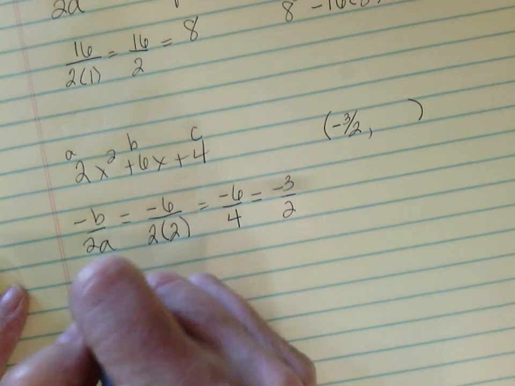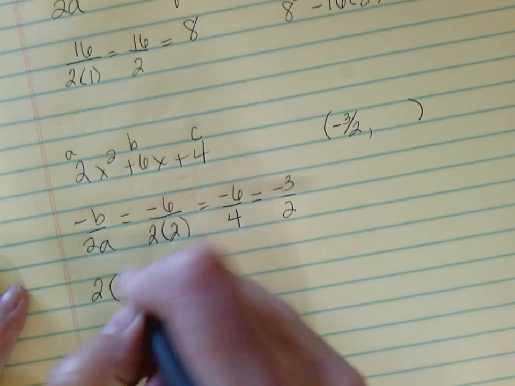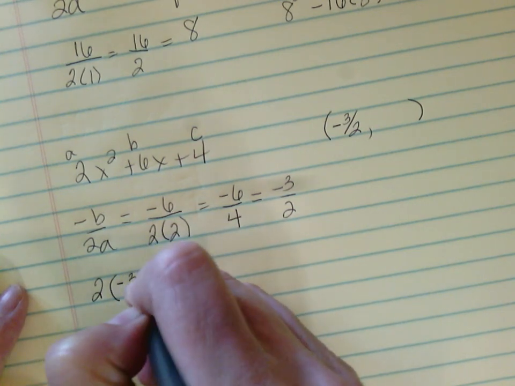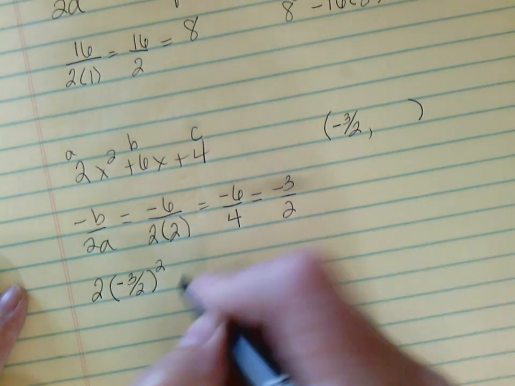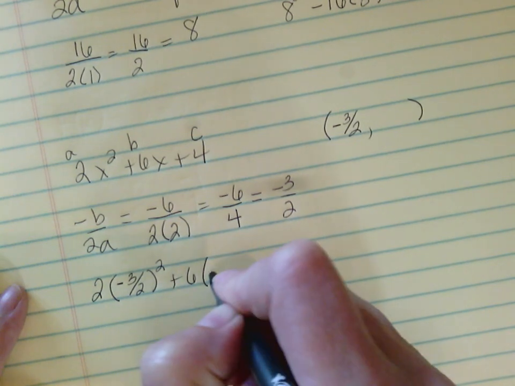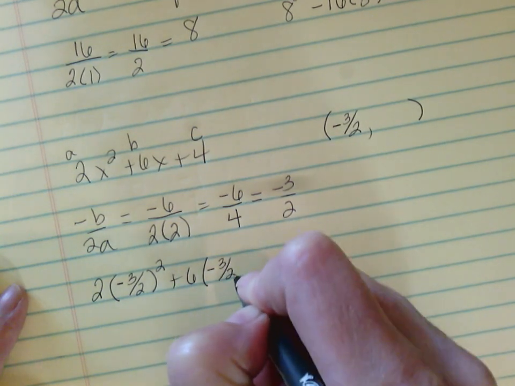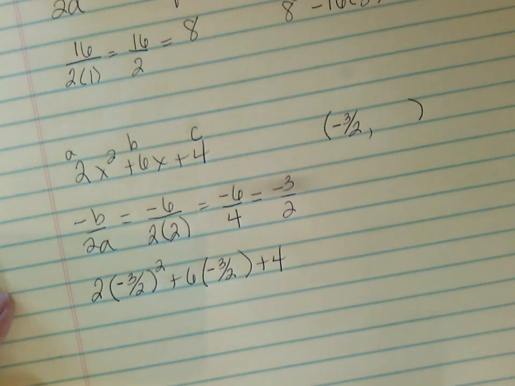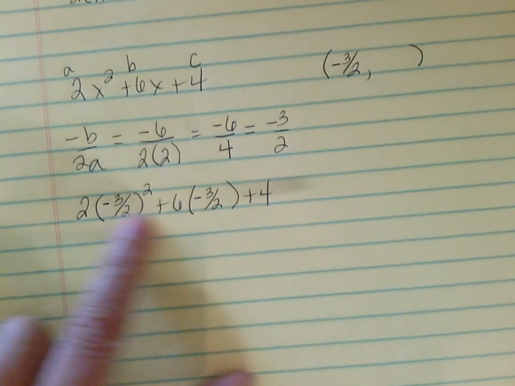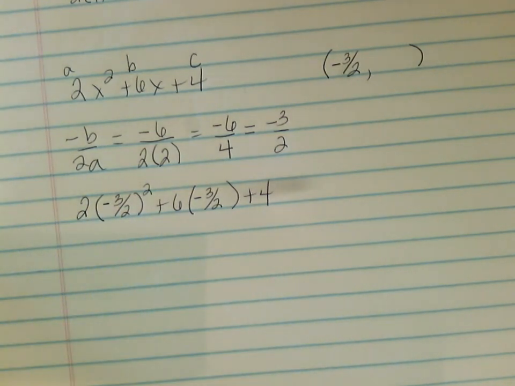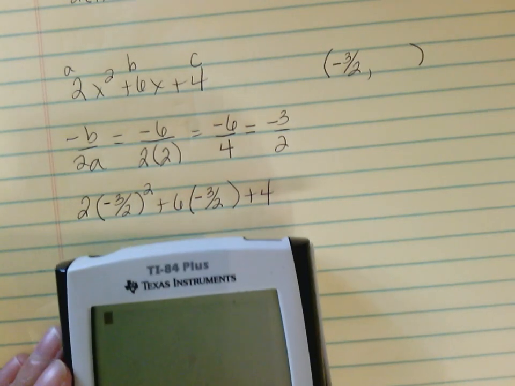So I'll have 2 times negative 3 over 2 squared plus 6 times negative 3 over 2 plus 4. I can type this exactly into my calculator. It does all of the difficult work for you. So let's type in exactly what that says.